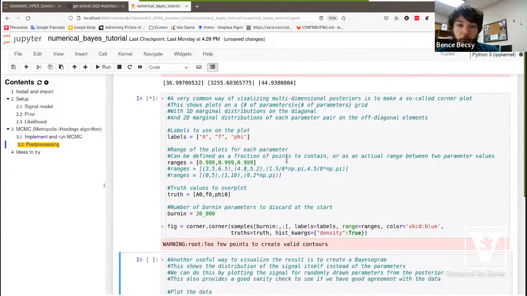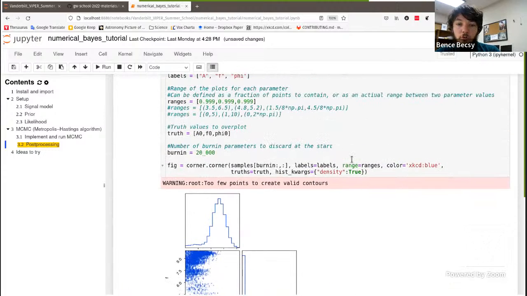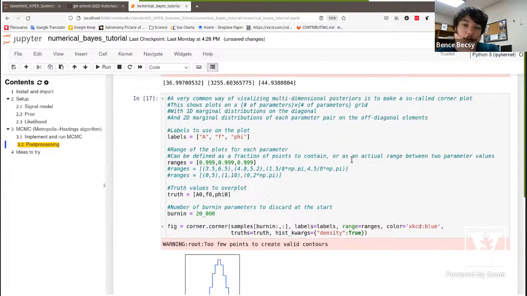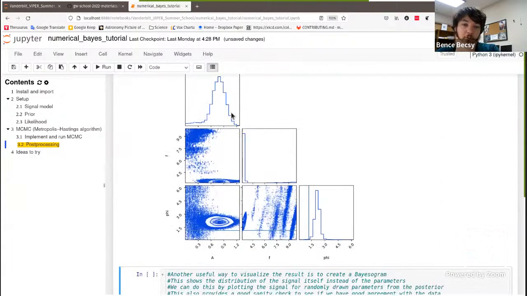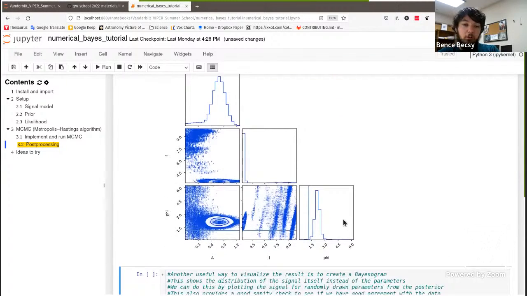This shows a grid, and on the diagonal you have the one-dimensional marginal posteriors for each parameter: the marginal posterior for the amplitude, the frequency, and the phase. And on the off-diagonals, you have the two-dimensional marginal distribution for each pair.